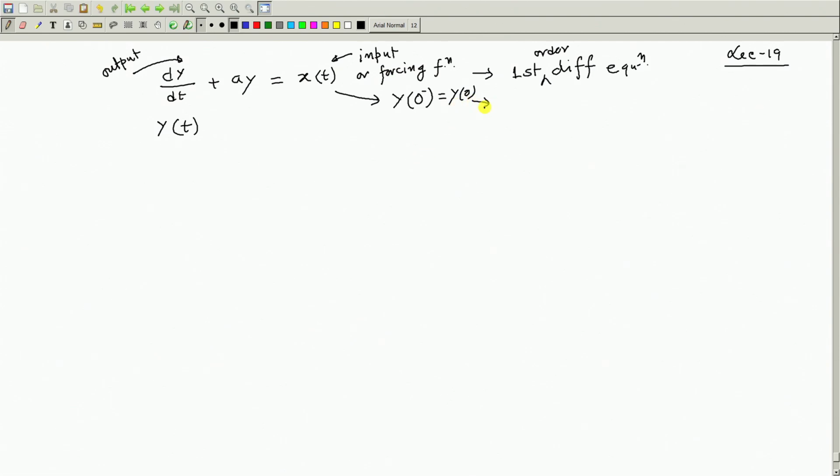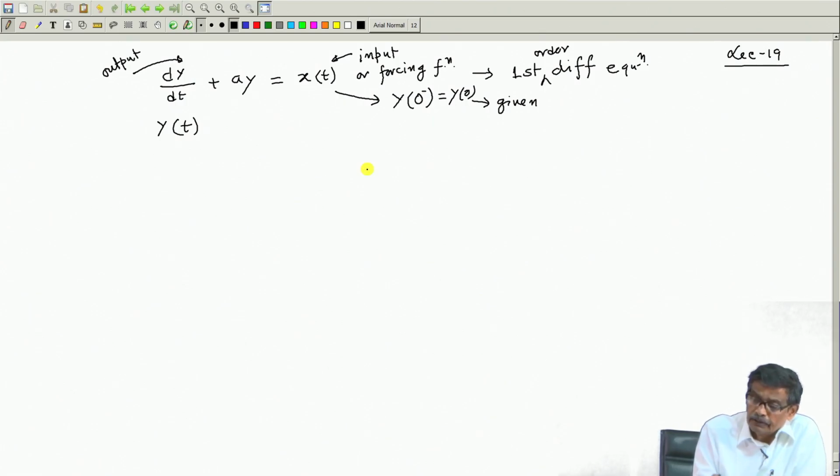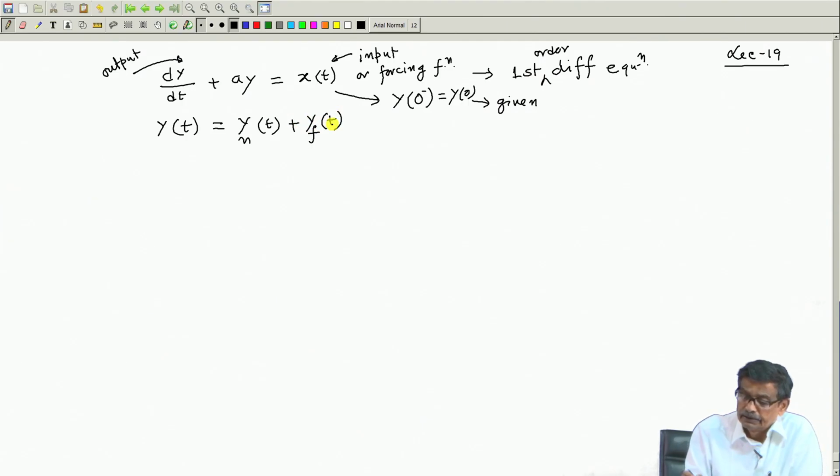This is given. The value of y(0) is known. So, the solution will consist of a natural response plus a solution due to the forcing function, which I am writing as y_f(t). These are the two parts.